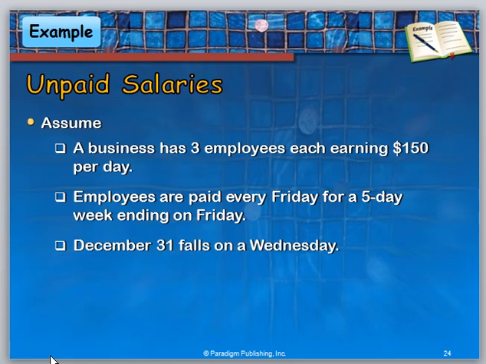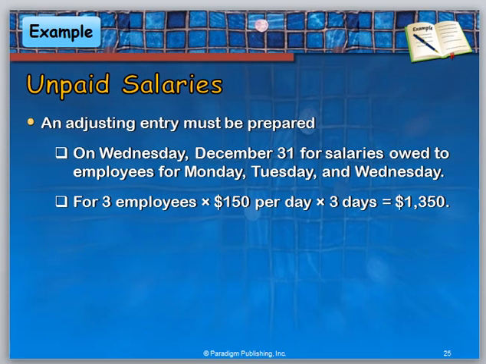So, if we have 3 employees earning $150 per day, and they're paid every Friday for a 5-day week ending on Friday, and December 31st falls on a Wednesday. So we have to make an adjusting entry on Wednesday, December 31st for salaries owed to the employees for Monday, Tuesday, and Wednesday.